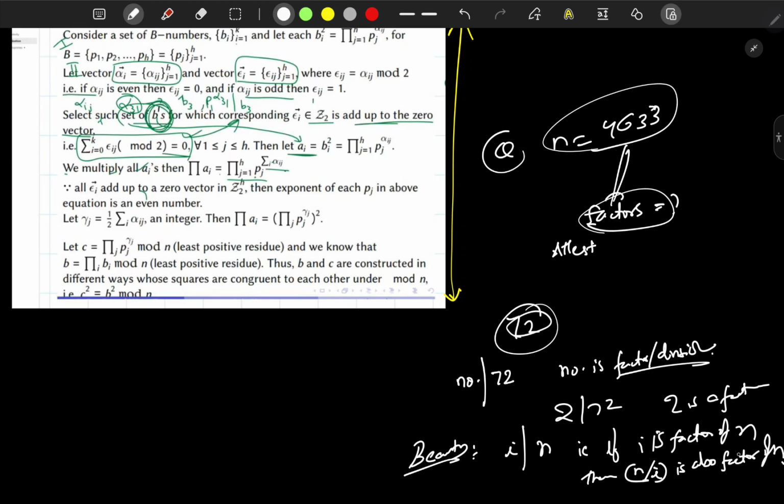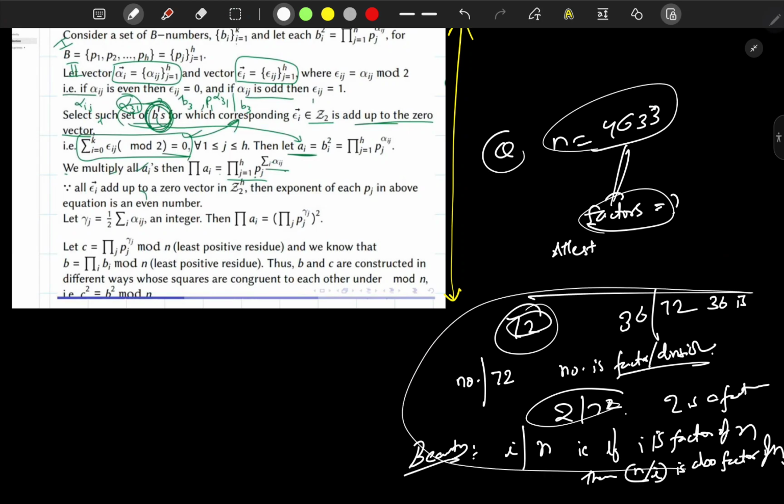This is common sense. If 2 divides 72, then 2 is a factor of 72, and so 36 also divides 72, so 36 is a factor of 72. That is the statement.